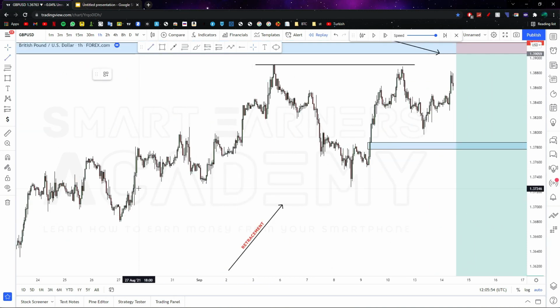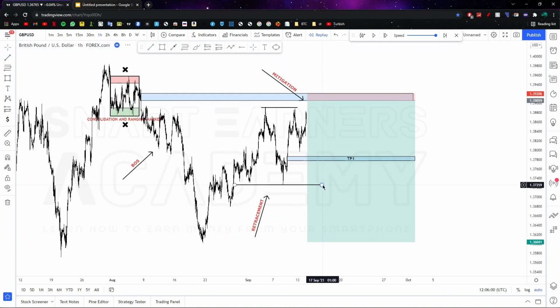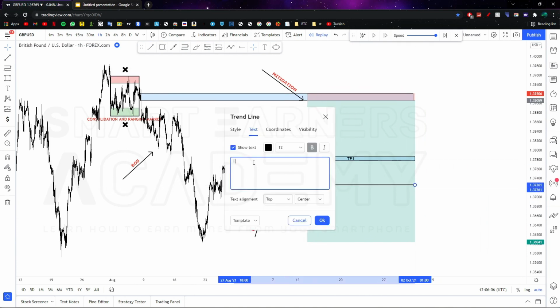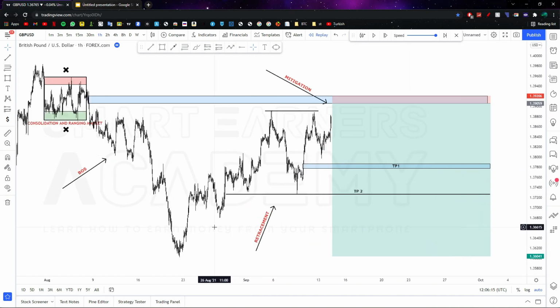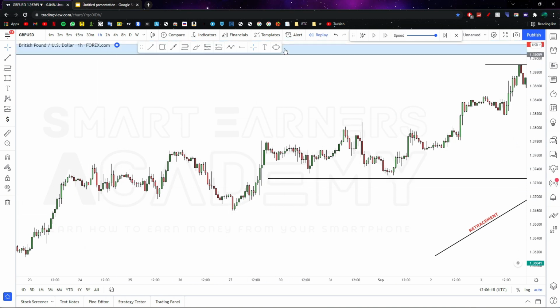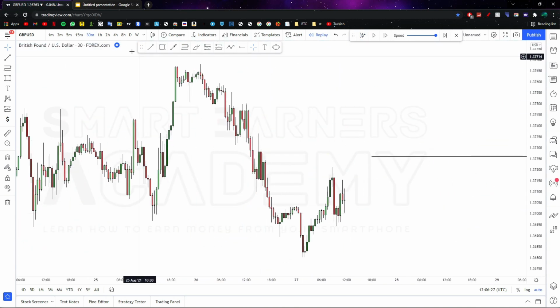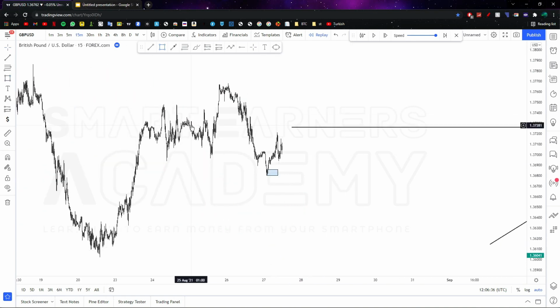Next could be definitely at this area of liquidity right here. So this could be TP2. And then now we can look for a contesting order block. So if I just quickly play price to here, and we look for a nice order block. Okay, so this one isn't perfect, but we could see some potential reaction from this area.